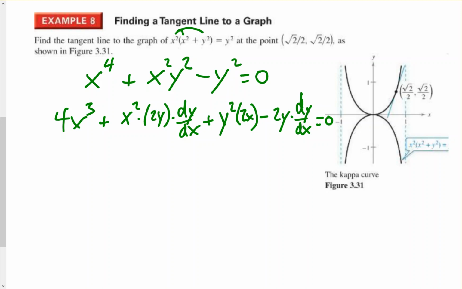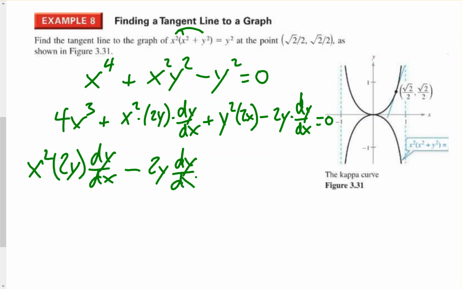Okay, so let's keep the terms with the dy/dx together. So we have x squared times 2y times dy/dx, minus 2y times dy/dx, and then all the other terms let's move to the other side.